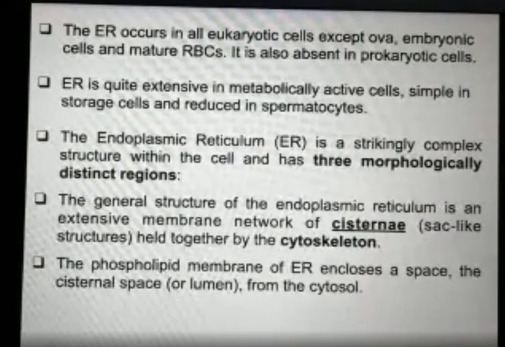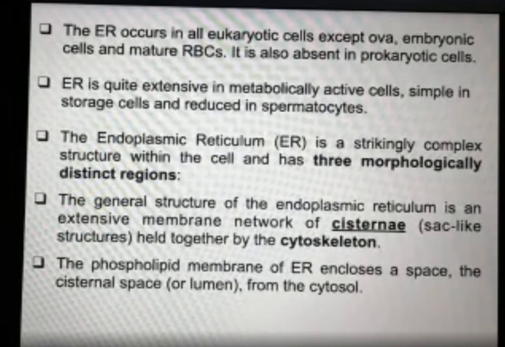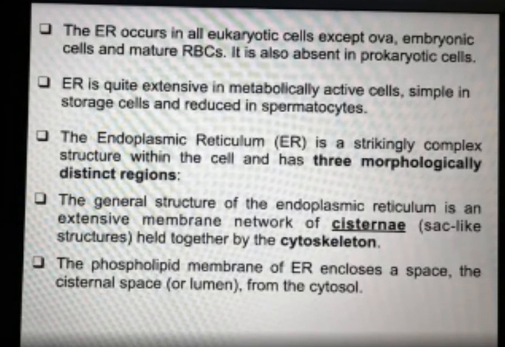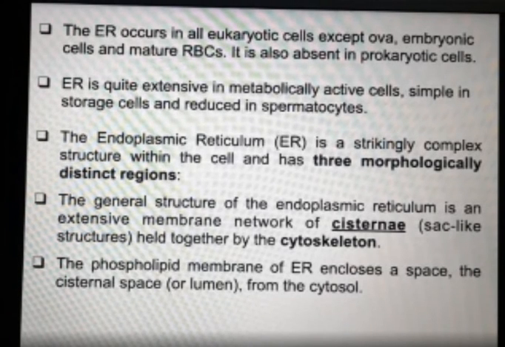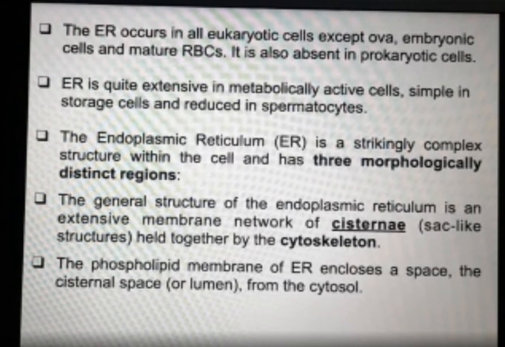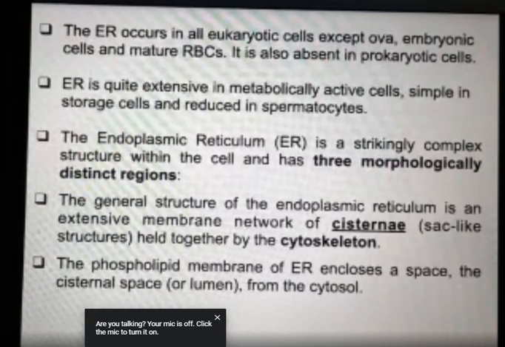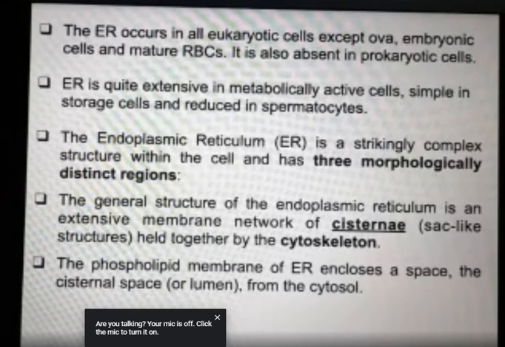Even one subunit is composed of different regions, like the head, the cleft, the body, and the central area, which was responsible for the reading of the codons and anticodons. Similarly, in the case of the endoplasmic reticulum, morphologically different regions were present.